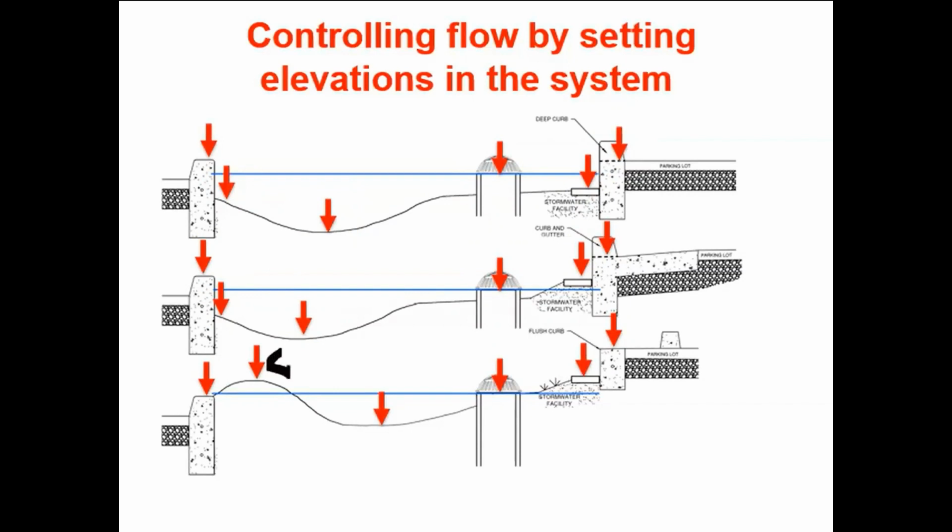The berm has to be half a foot above the raised drop inlet. If the berm is created by a curb, then that curb has to be half a foot above the raised drop inlet.